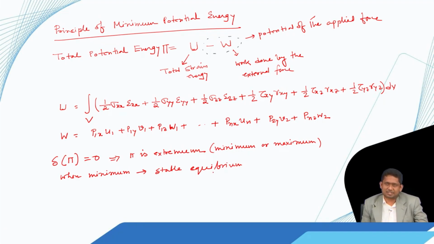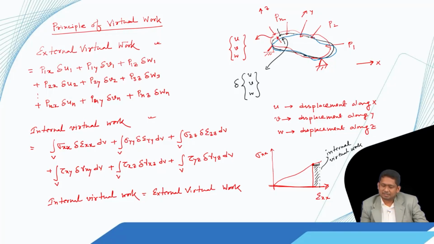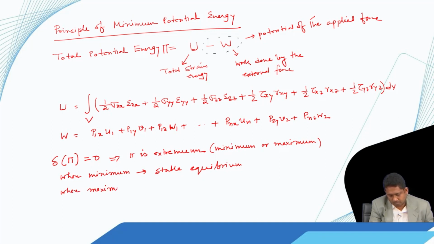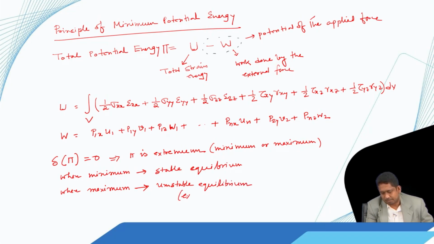For example, in this case we have applied the load on the structure, and under that load the structure is deformed, and in this black shaped configuration it is under stable equilibrium. That means the total potential energy is minimum. If maximum, then unstable equilibrium, an example of which is buckling.